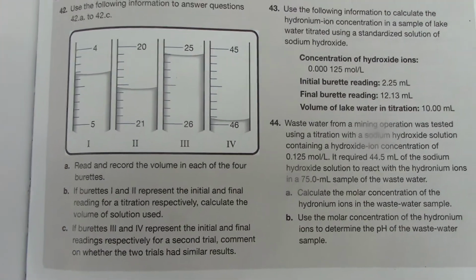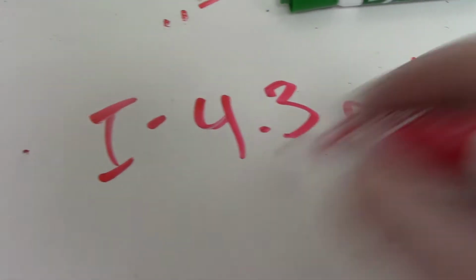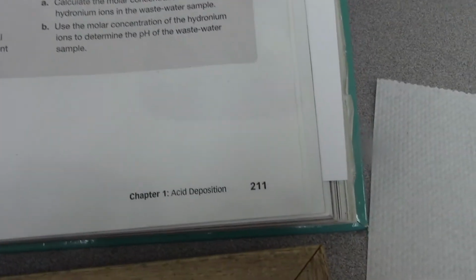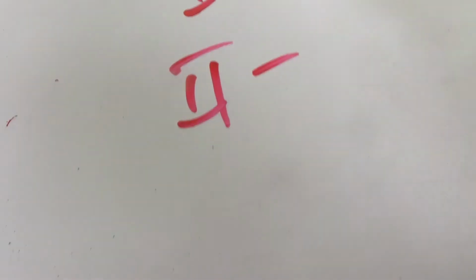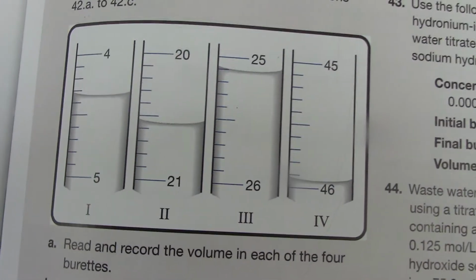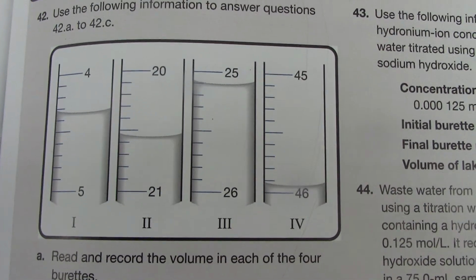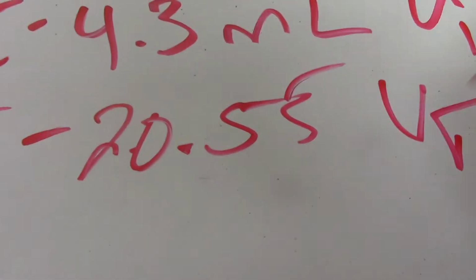So B and C. If I have a burette, volume 1 is 4.3 mL, and that's my V initial. Again, this is page 211, number 42. My volume 2 is about 20, let's say 20.55 mL, and that's my VF.